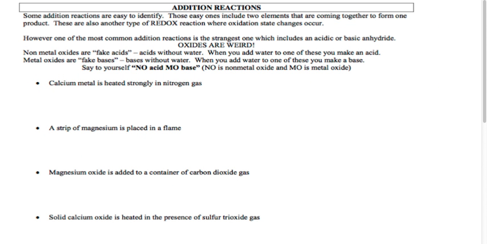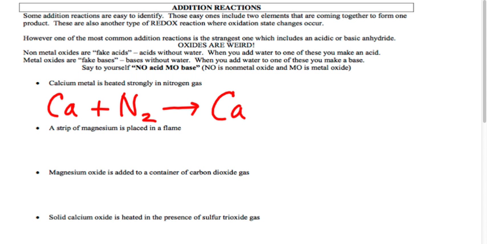Another type of redox that you might not have recognized is that all addition reactions are redox. Addition reactions can be super simple. If you have 2 elements, just slam them together. Calcium metal is heated strongly. I like how it says strongly, in nitrogen gas. If I just smack those 2 together, what would I make?